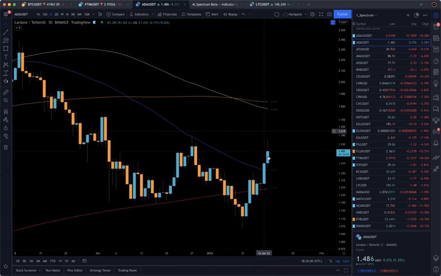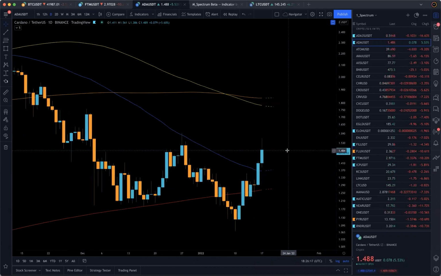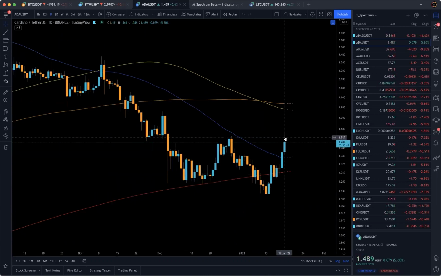On a 1 day, it shows that there is a rejection by the weekly, but once that is done, then probably it will look for the next resistance on a 1 day, which is this. So you put both sets of information, both data points, together, and then try to make use of it.